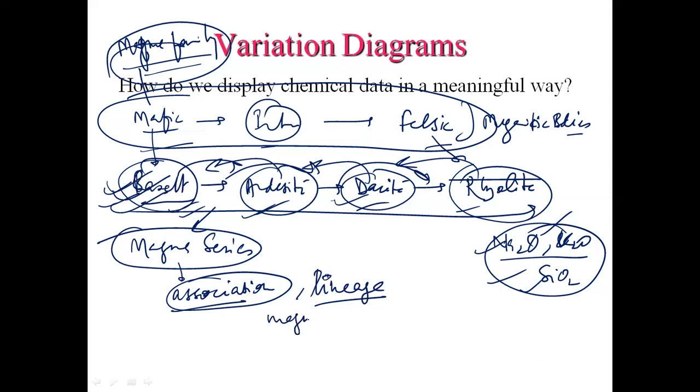It is also called magma type. It is also called clan. You can also say magma sequence.